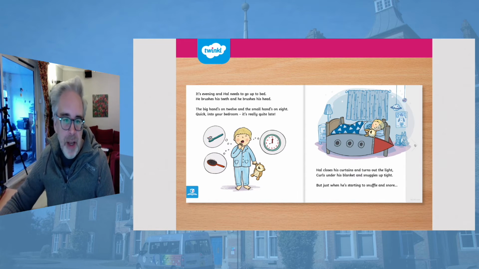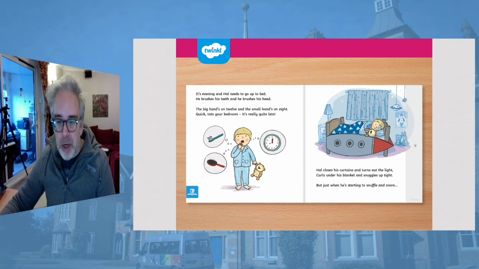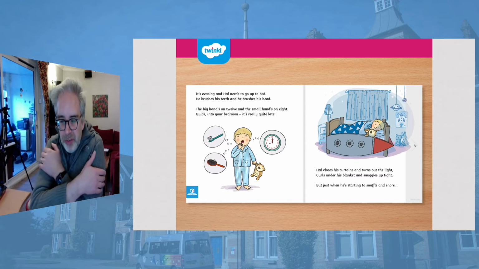So it's evening and Hal needs to go to bed. He brushes his teeth and he brushes his head. The big hand's on 12 and the small hand's on 8. Quick, into your bedroom, it's really quite late. Hal closes his curtains and turns out the light, curls under his blanket and snuggles up tight.